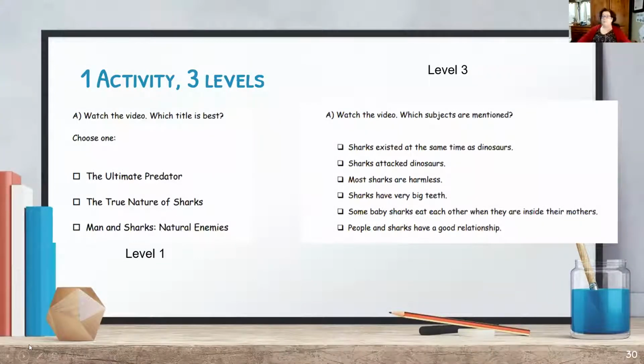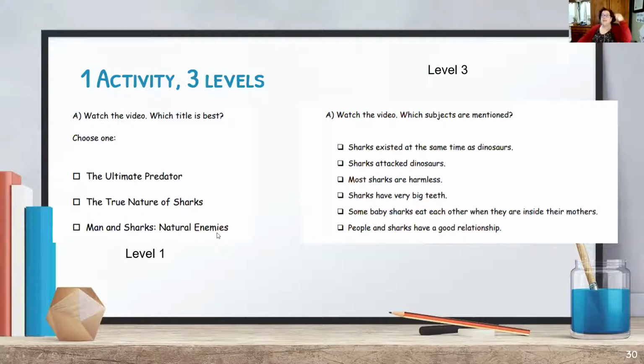Here I have an example for you. One activity, 3 different levels. I didn't put all 3 because it would have been too much on the screen, but here you can see that we say activity 1A, watch the video, which title is best. For the first level of students, we just say, choose one: The Ultimate Predator, The True Nature of Sharks, or Man and Sharks, Natural Enemies.